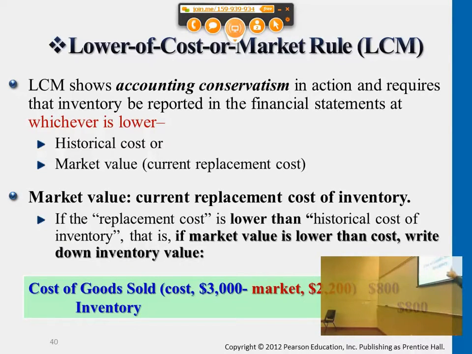Now this is another adjusting entry. This is called the lower of cost or market rule. So this entry doesn't necessarily happen in each and every corporation, and doesn't necessarily happen in each and every season. But basically at the end of the year, before accountants issue yearly financial statements, they want to make sure that the inventory cost, meaning the original historical cost of inventory, is lower than the current market price.